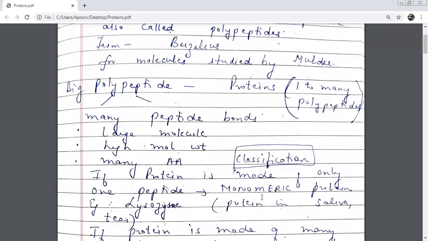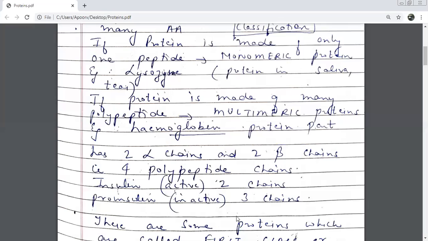So if there's just one polypeptide, it is monomeric. What example did we do? Lysozyme. It is found in which secretions? Saliva and tears. Very good, wonderful. And if it has many polypeptides, then we call it which kind of a protein? Multimeric. The example was the globin part of hemoglobin.